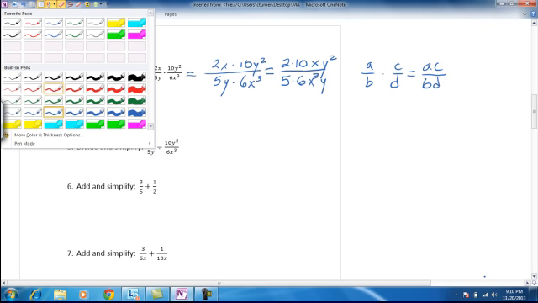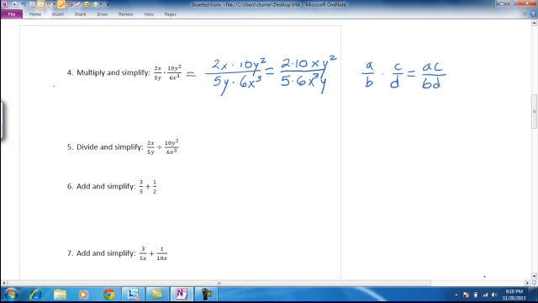Let's think about this. I'm noticing a couple things here. Let's first of all look at the numeric part. 2 and 6 have a common factor of 2. So if I cancel 2, and by canceling I'm thinking dividing really, 2 goes into itself once, 2 goes into 6 3 times.